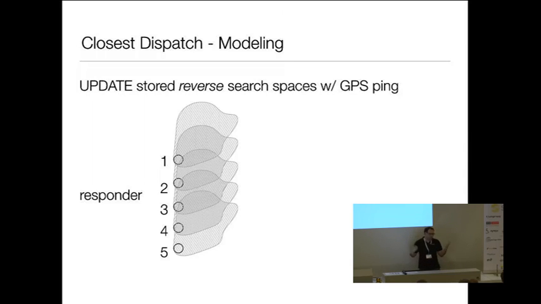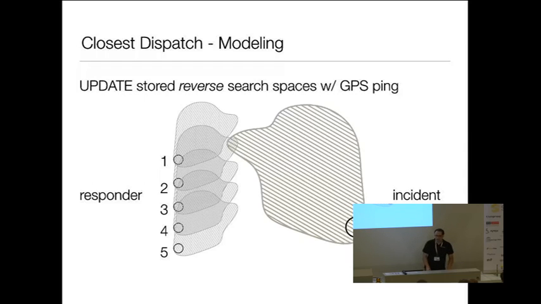And now an incident comes in. Someone reports a robbery. On the telephone, the person calling gives a location. And what we know is, okay, we have a location. The incident is going to be our target. And as we reduce pathfinding to set intersection, which is a super easily solvable problem that is taught to 6th graders in math, we can solve that easily by just exploring this one target search space from the target in reverse fashion and do a set intersection and note the one responder that is nearest.